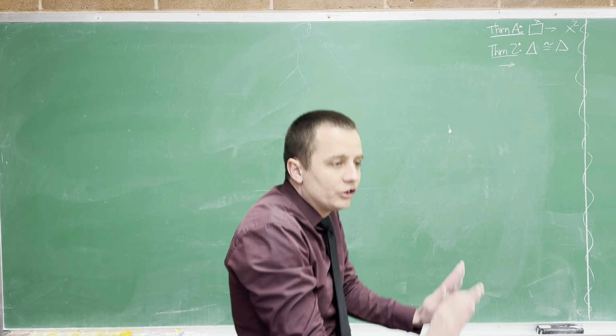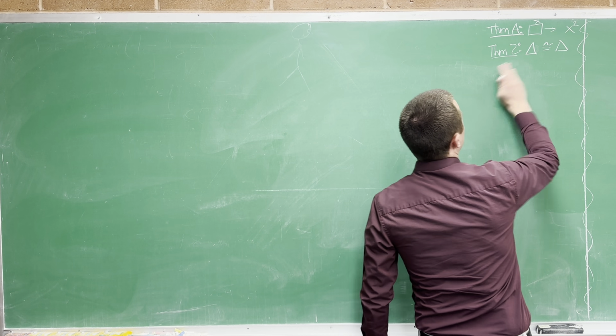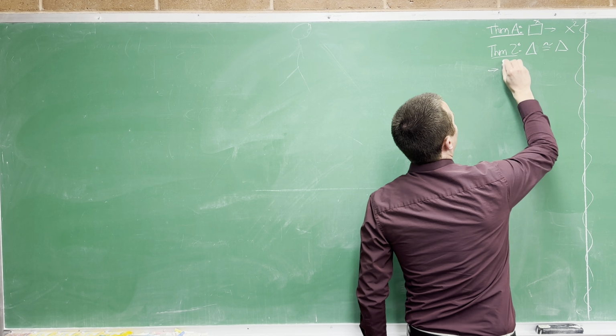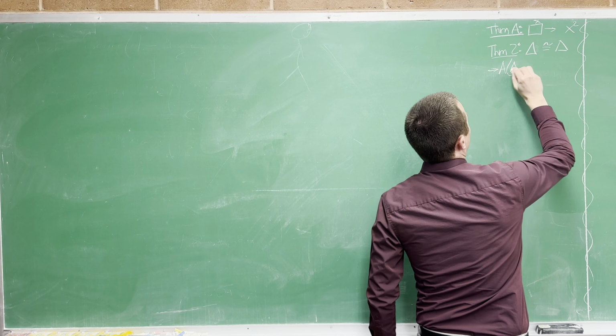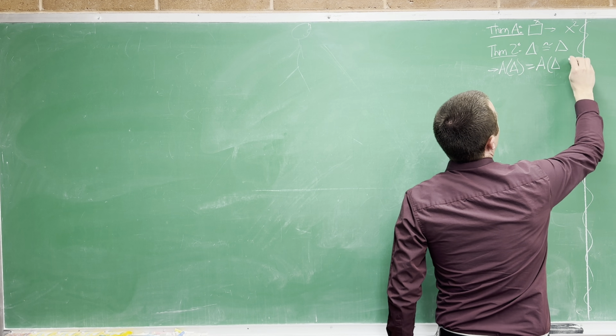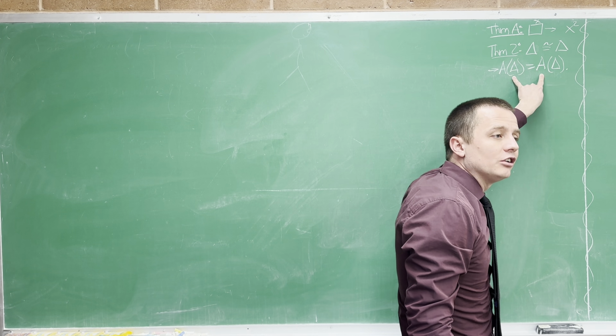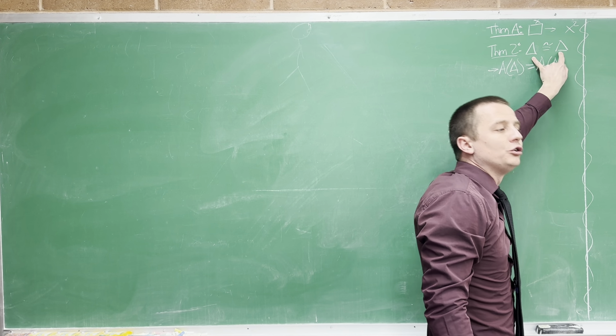So, triangles that are congruent to each other have equal areas. Should probably specify. So that implies the area of the first triangle is equal to the area of a second triangle. Trying to make this very clear. We're saying that the areas are equal if the triangles are congruent.